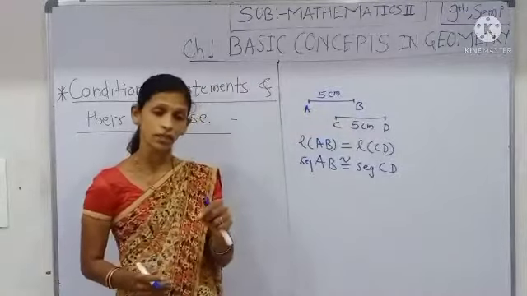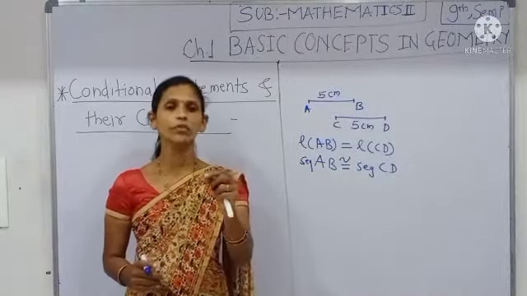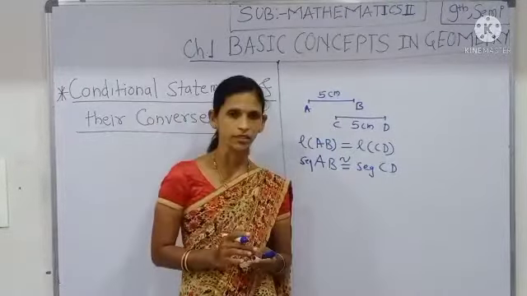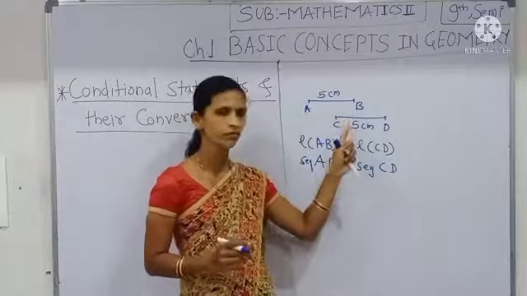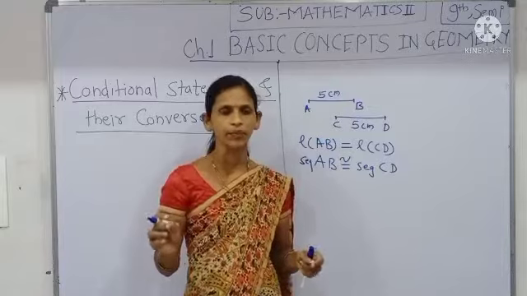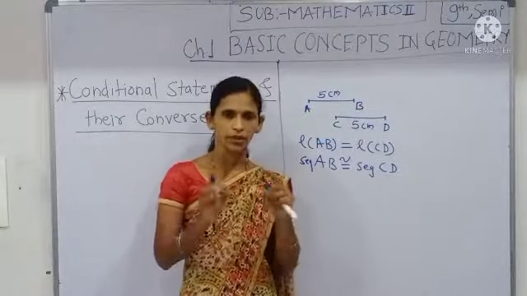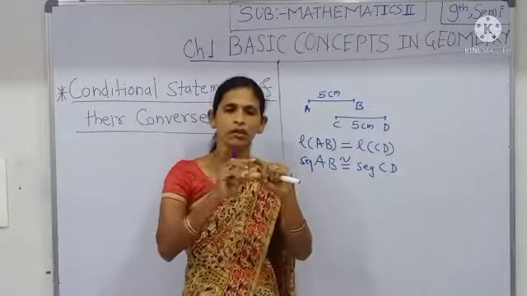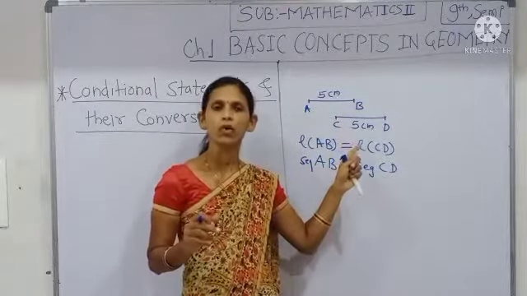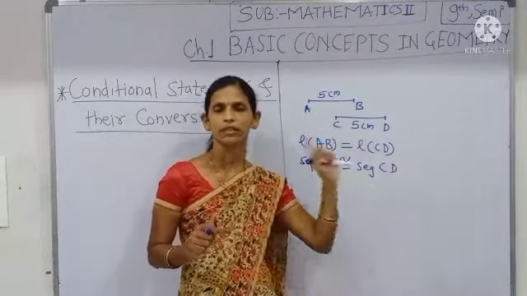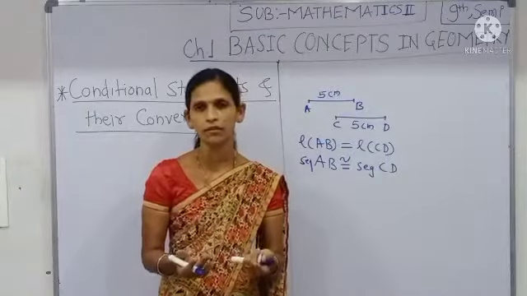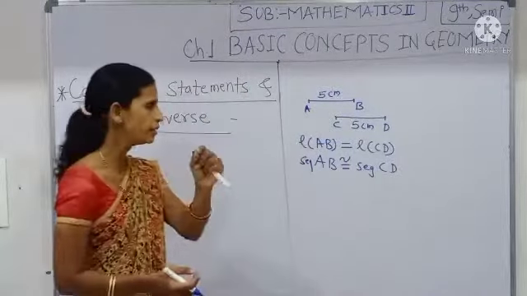That is one property related to congruent segments: if the lengths of two segments are equal and same, then those segments are congruent. This property is expressed using if and then.